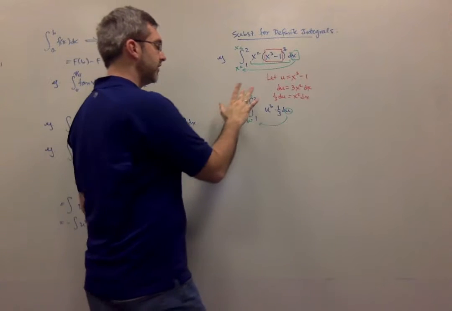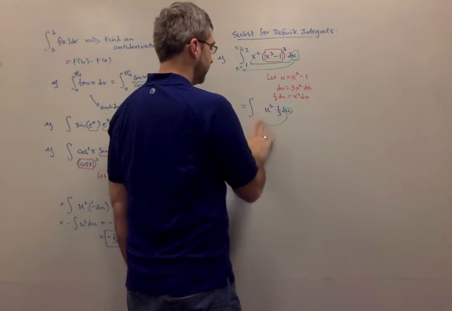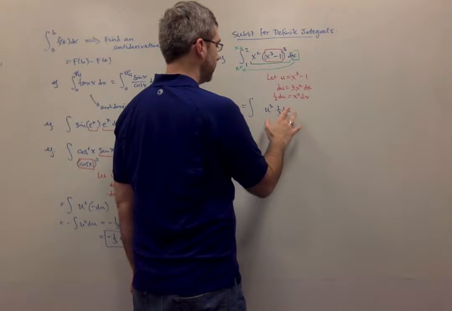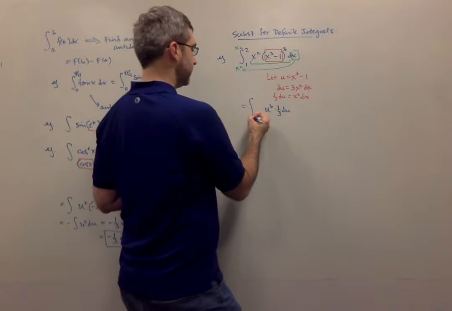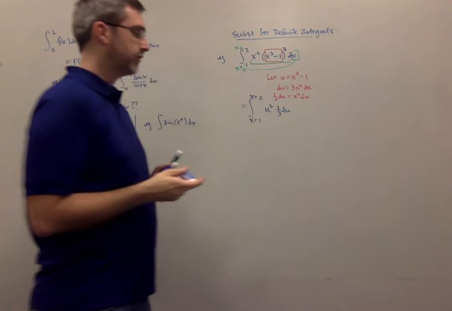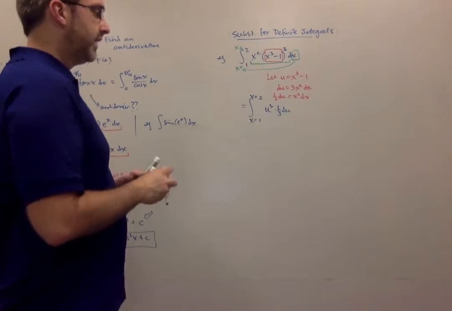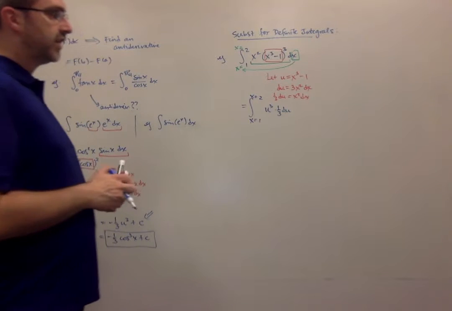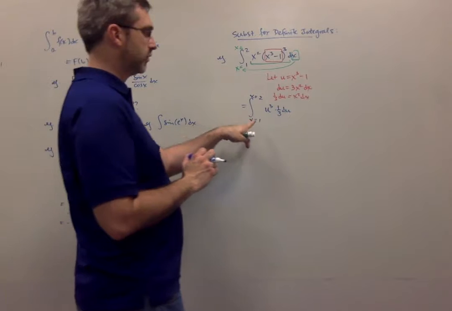So there's a couple of things that I can do here. One way to deal with this is that when I substitute, I can simply keep the limits of integration the way that they are, and I can write x equals 1 to x equals 2. And that's just a reminder that those numbers, eventually when I substitute, I have to substitute for x's. So let me show you how this would work.